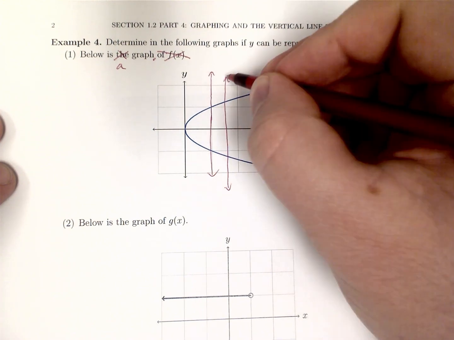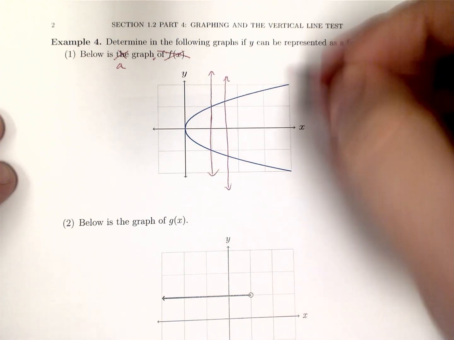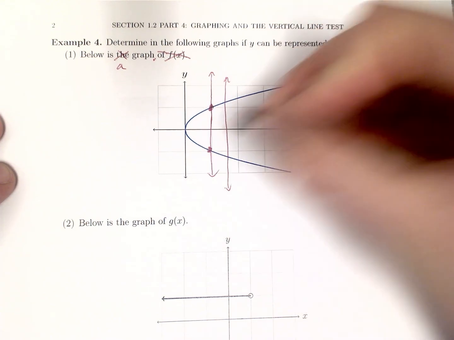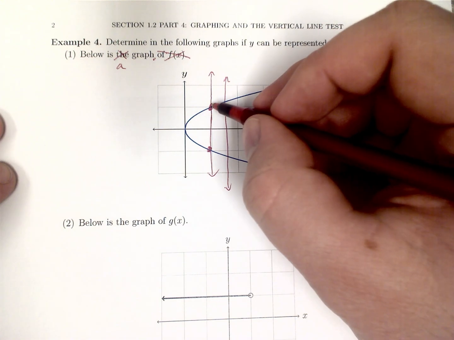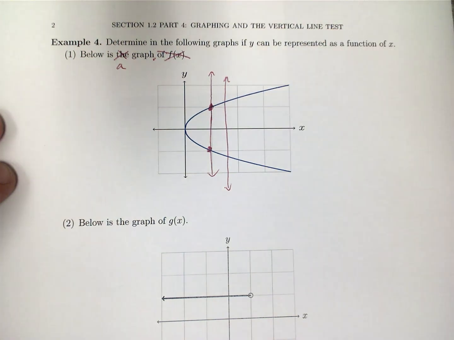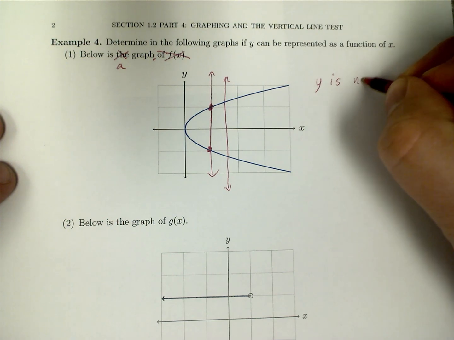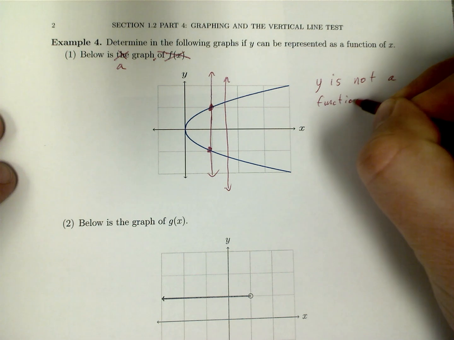We only have to be able to make one vertical line. Here we can make literally infinitely many. And when we can make even just one that goes through the graph more than once, then this is not a function. So y is not a function of x in this case.